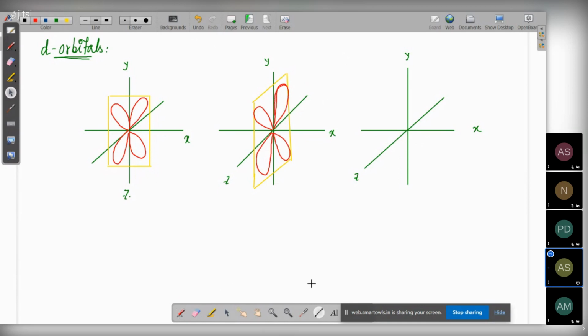The xz orbital will lie on the plane of the x-axis and z-axis. Lie on this plane. Demarcating the plane in this way will make it easier to draw.